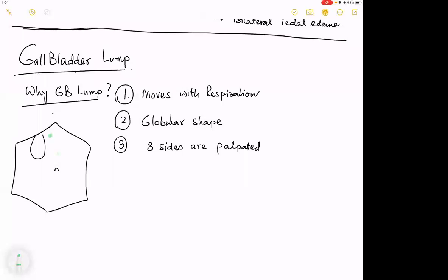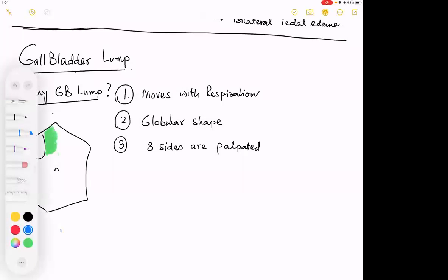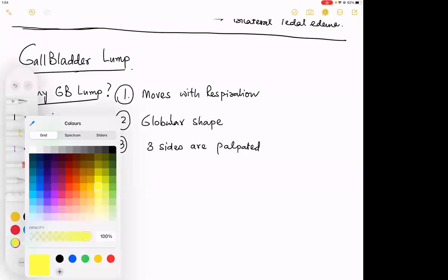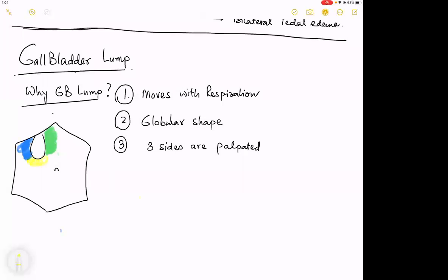The lower part of the liver, the median. See this. This is which side, sir? Right or left? Left. This is the left. This is the right. And this is which side that you are feeling then? The inferior side. Which side are you unable to feel?